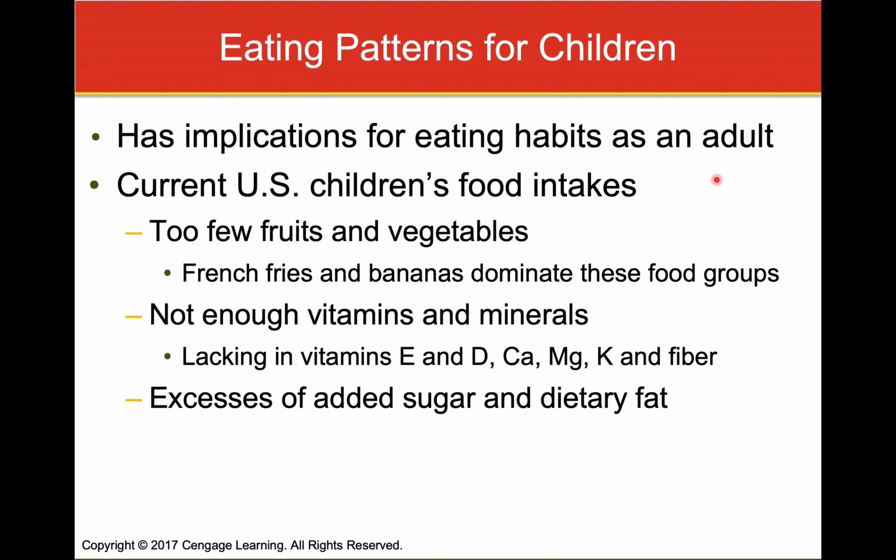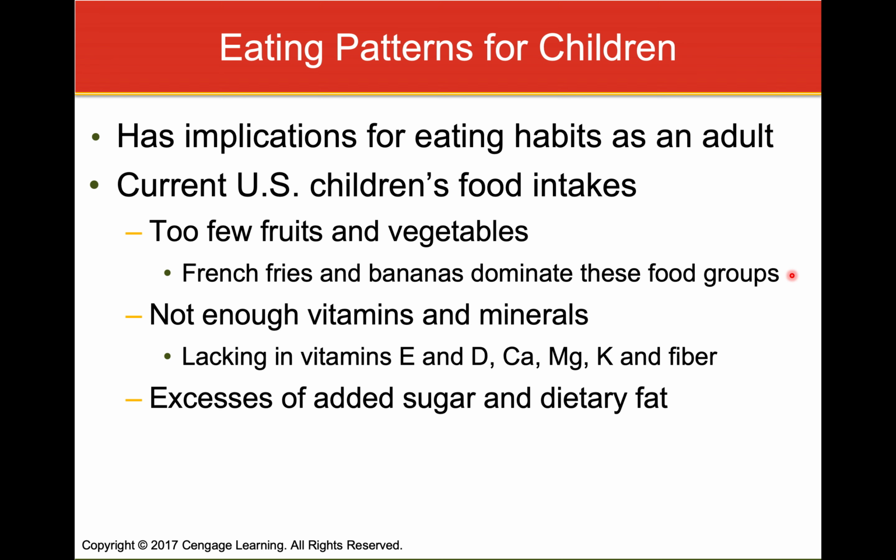Now, why is this important? Well, the eating patterns developed as a child is going to have implications for eating habits as an adult. And also, it's important to learn this stuff and pass it on to children because the U.S. children's food intakes are not the best right now. As a whole, United States children consume too few fruits and vegetables.